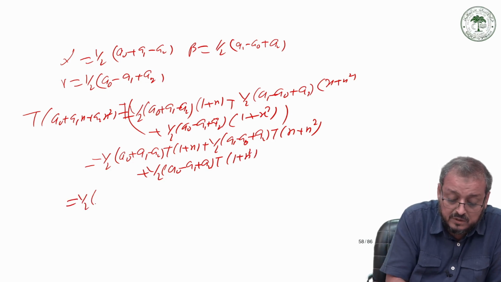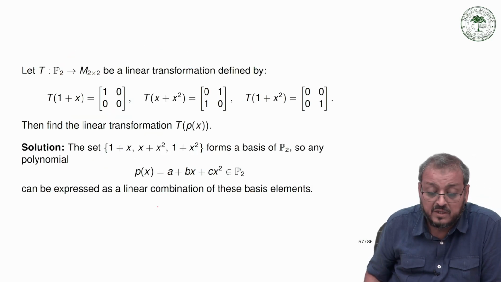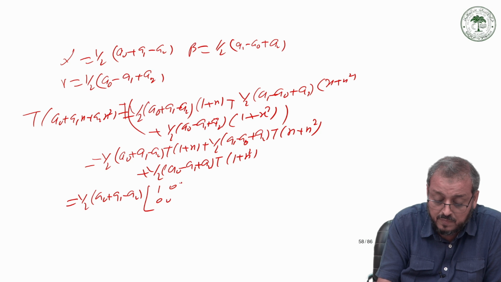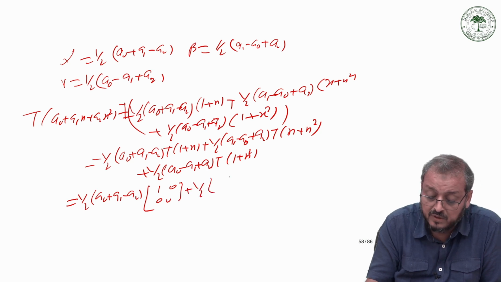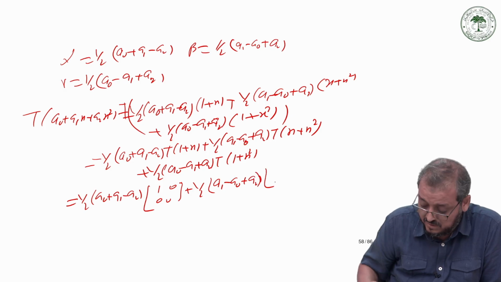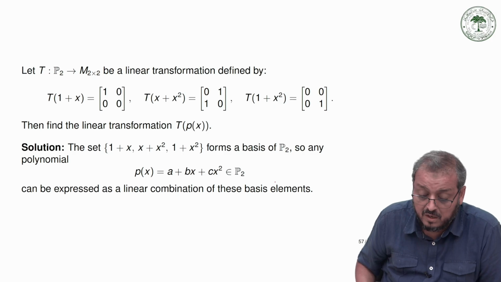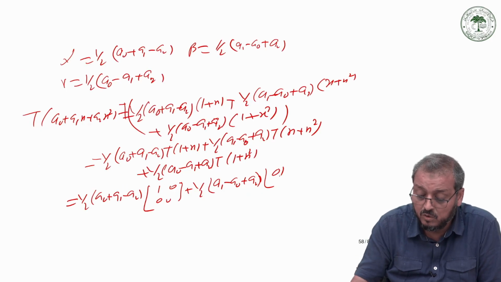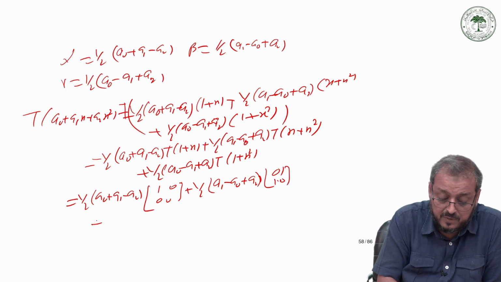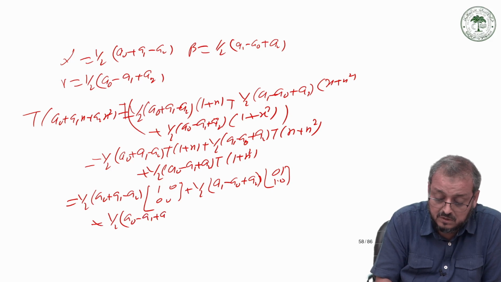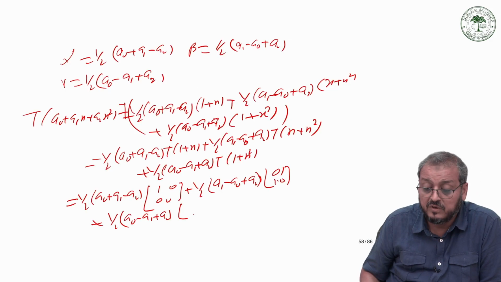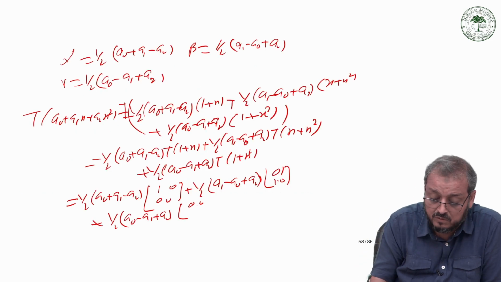So 1/2 of (a0 + a1 - a2), now we have a matrix 1 0 0 1 0 0 0, and then plus 1/2 (a1 - a0 + a2), and then we have a matrix 0 1 0 1 1 0, and then plus 1/2 (a0 - a1 + a2), and then this is a matrix 0 0 0 0 0 1.